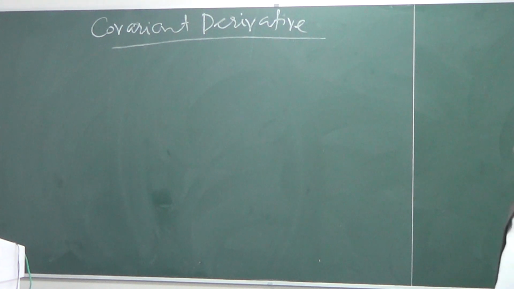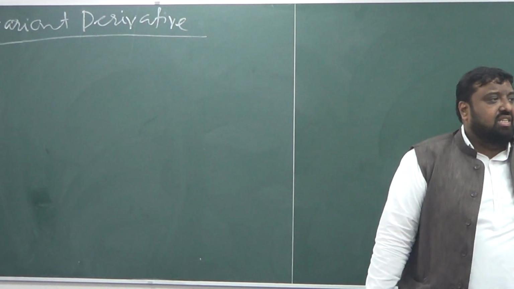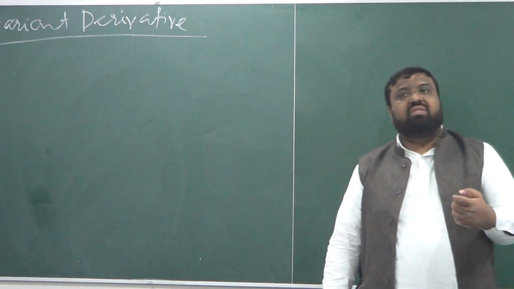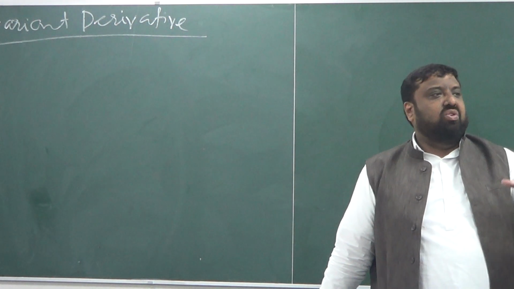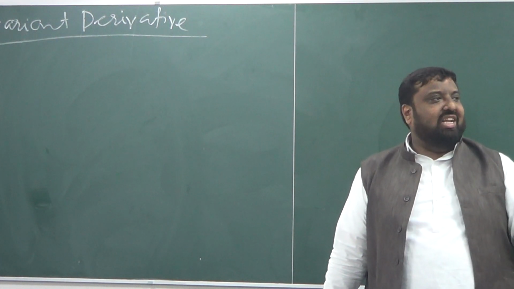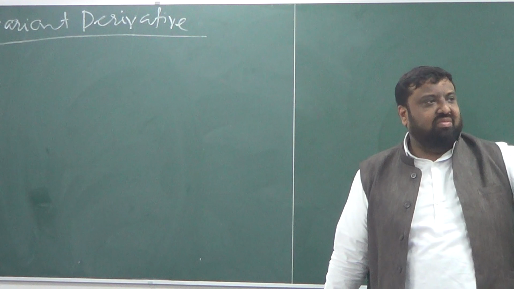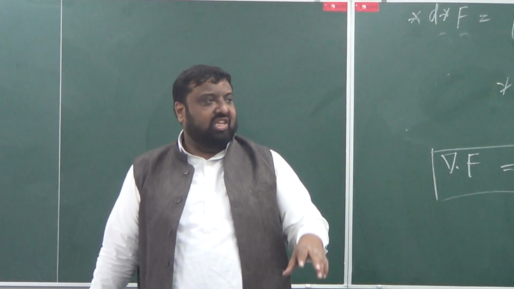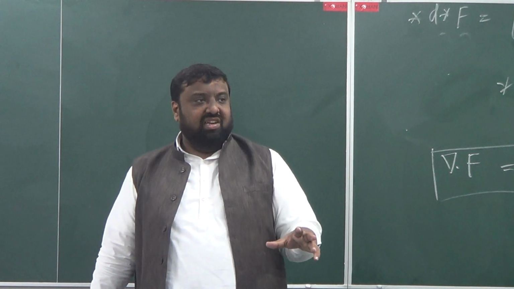We know that directional derivative is what? We compute it when we want to compute the change in a particular scalar field in a particular direction of a vector. But I'm computing the change in a scalar field.